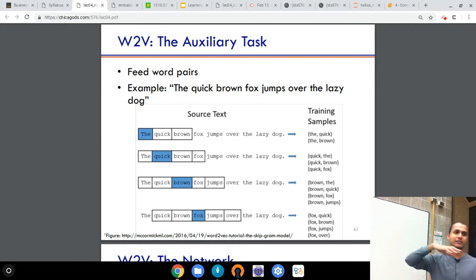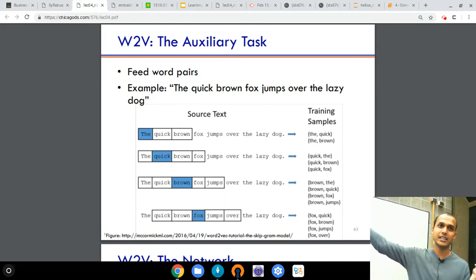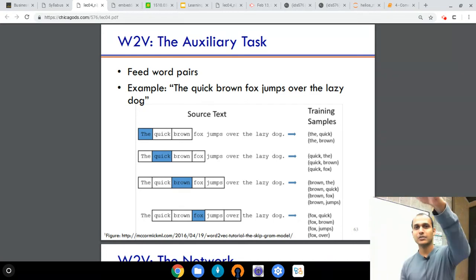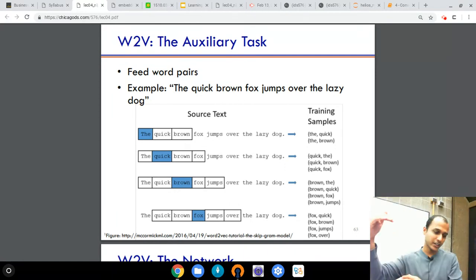If I think of two separate examples, the input is the, for example, in the first example. So there will be a vector corresponding to the. That's the hidden layer essentially, because it's a dictionary lookup on this side. So given the 300-dimensional vector for the, it's getting linearly transformed to a 10,000 dimensional vector. And that's essentially a score vector where I want to ensure that the score for quick is the highest.